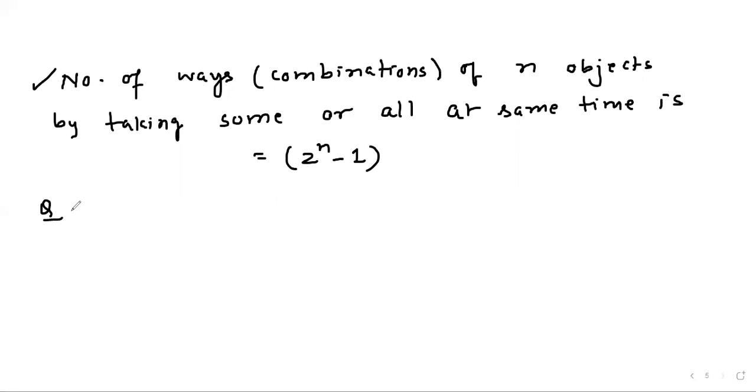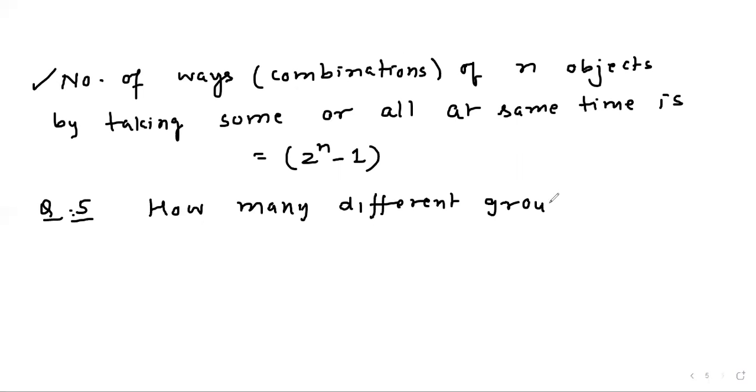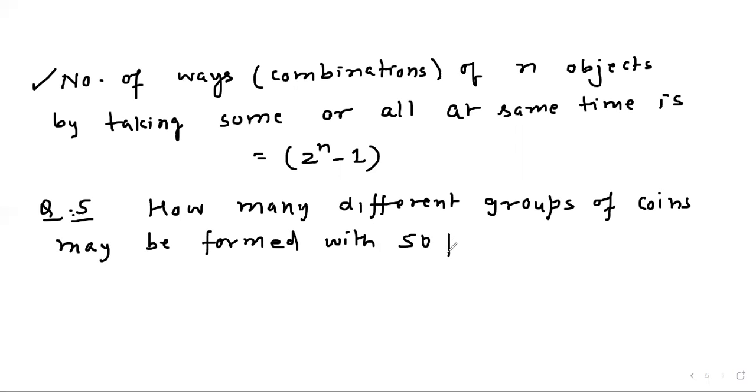Question 5: In how many ways, how many different groups of points may be formed with 50 paise, 1 rupee, 2 rupees, and 5 rupees coins.